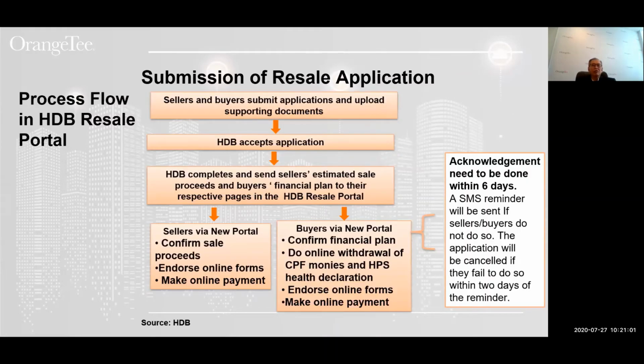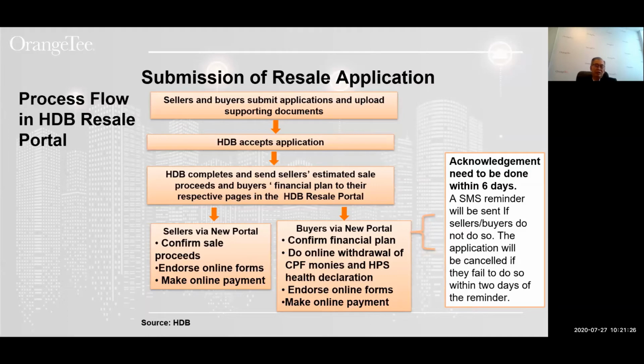Now, let me go through quickly the process flow in the HDB resale portal. Sellers and buyers submit the application and upload all the necessary documents to HDB itself. Seller has seller documents, buyer has buyer documents. I take one scenario, a complicated case, for example, somebody passed away and left behind a house, and the family are selling.